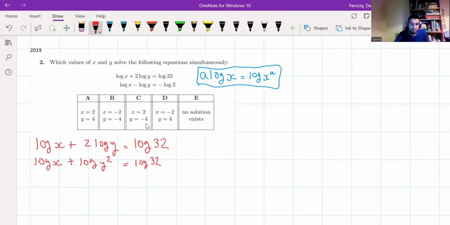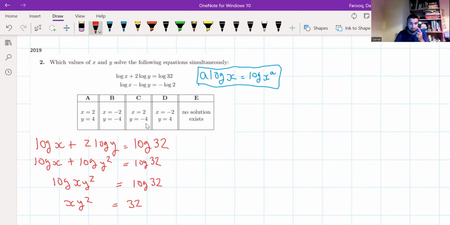And then this log x plus the log y squared will combine to xy squared, like it did previously, to log, and that would be log 32. And then we'll just get xy squared will equal 32, okay?